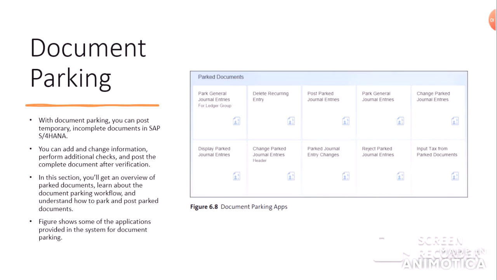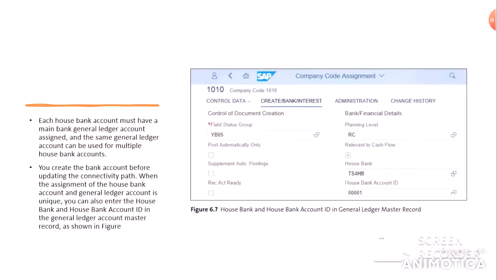So these are a few things about how we create a house bank and how the house bank is linked to the general ledger master record.